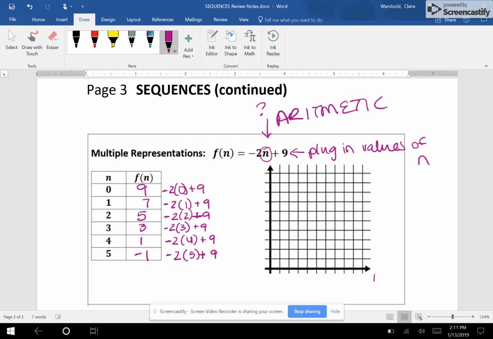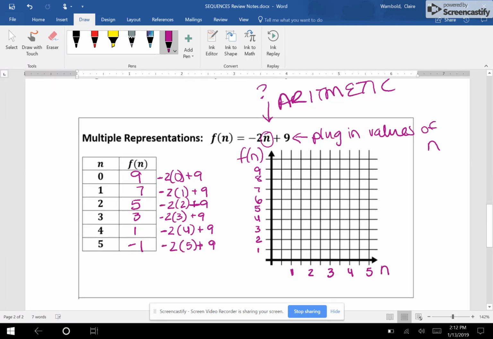To make my graph, we want n on the horizontal axis and f of n on the vertical axis, and I'm going to make mine spaced out a little bit here on the n axis. You can label this however you want as long as you're consistent. I'm going to make these go up by 1, 3, 4, 5, 6, 8, 9, and so on.